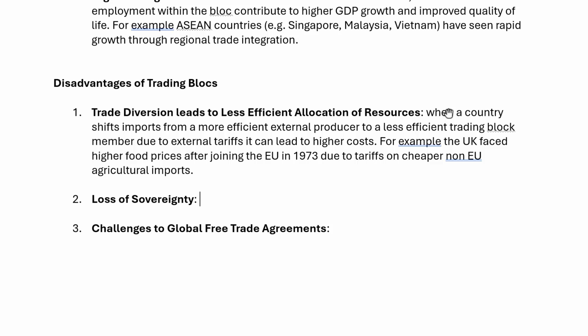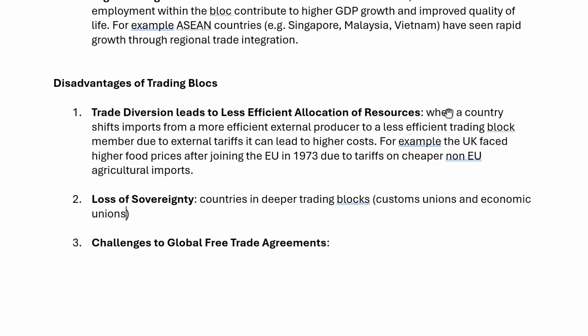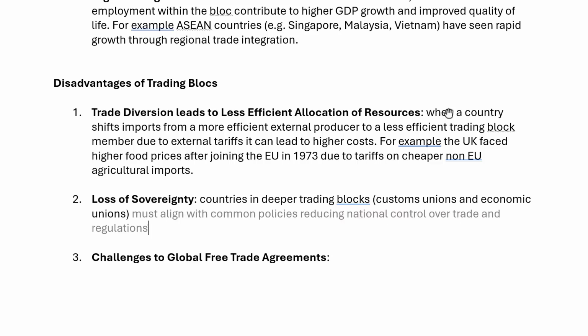Countries in deeper trading blocs, customs unions, and economic unions must align with common policies, reducing national control over trade and regulations. For example, the UK's Brexit vote in 2016 was partly driven by concerns over the loss of sovereignty under EU rules.